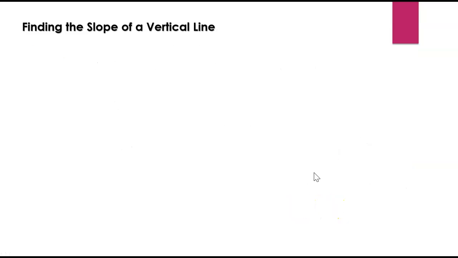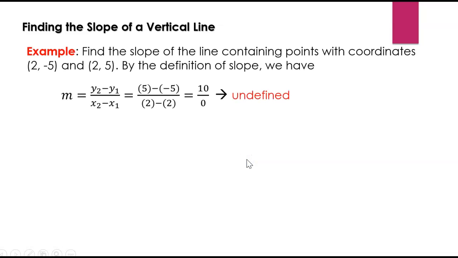We can also find the slope of a vertical line. Finding the slope of the line containing points with coordinates 2, -5, and 2, 5. By the definition of slope, we have 5 minus -5, which is 10, over 2 minus 2, which is 0. We could already see from our previous work that since the x-coordinates are the same, this is going to be an equation that represents a vertical line.